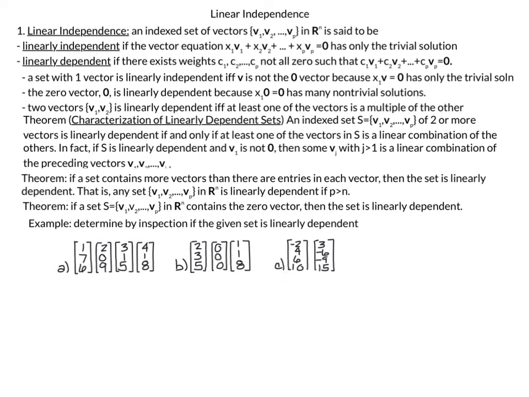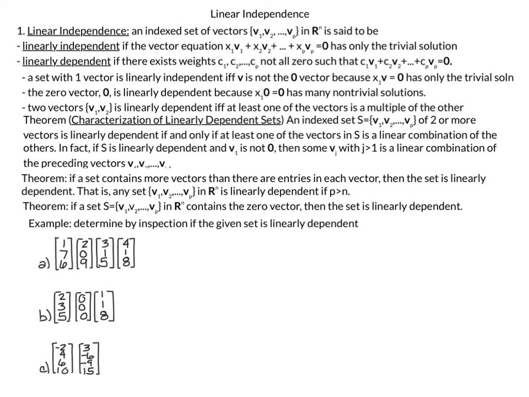And the last set of vectors is negative 2, 4, 6, 10, and 3, negative 6, negative 9, 15. I have all of these different definitions and statements and theorems here that you might want to take a look at to use. We will start with this first set of vectors where V1 is 176, V2 is 209, V3 is 315, and V4 is 418.